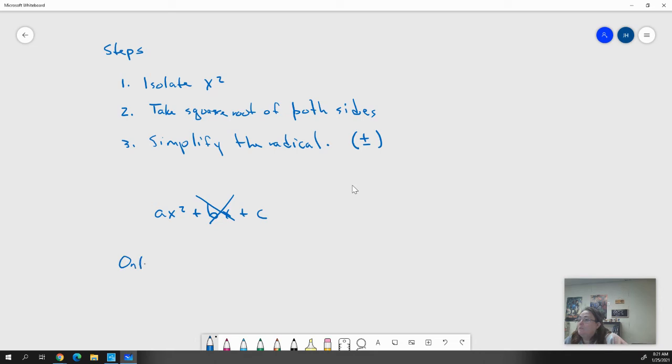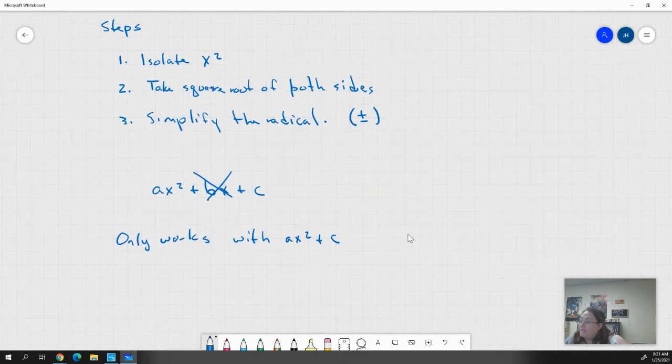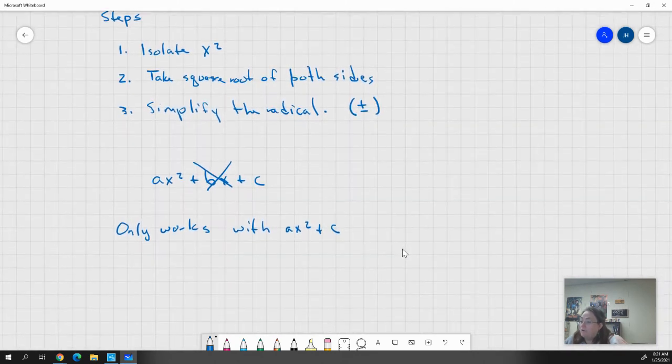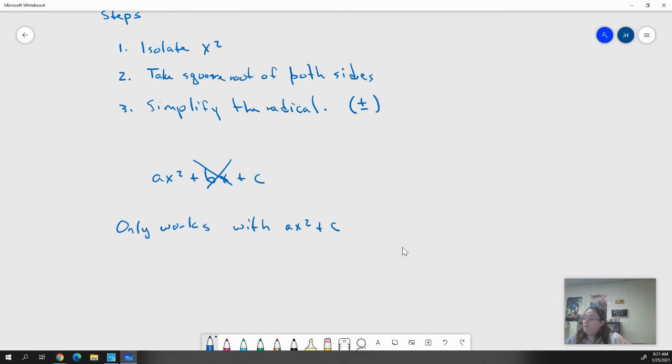It only works with ax squared plus c. It cannot have an x term. The only x term that it can have has to be the x squared.